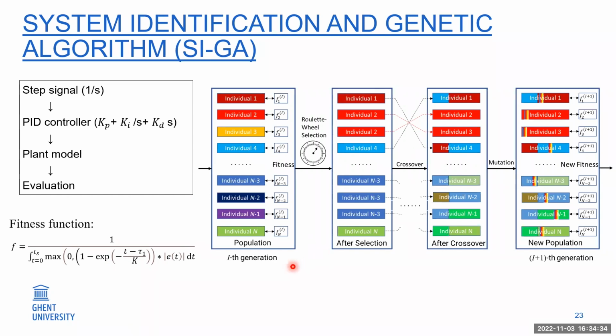We created a generation, and this generation has many individuals, and after roulette wheel selection, crossover and mutation, we can then get a new fitness. After many rounds of generations, we can get the near optimal solution of this problem.